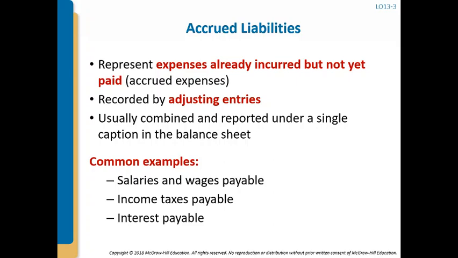Salaries and wages payable, interest payable, whatever you got, you've got to accrue a liability for them, even though you're not going to pay it until sometime in the next accounting period. Note that you usually don't list these separately. You lump them together. These accrued liabilities were in that other category that we saw earlier.